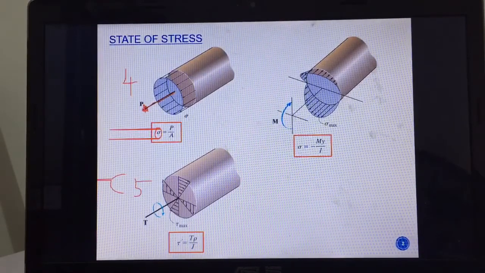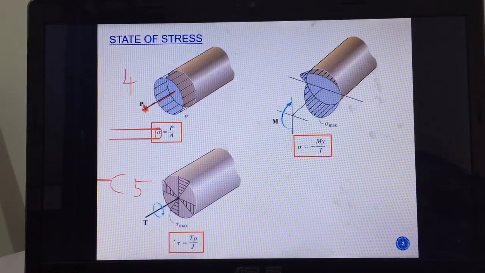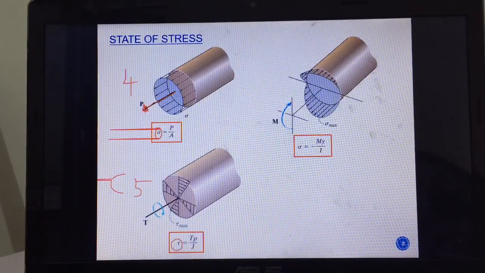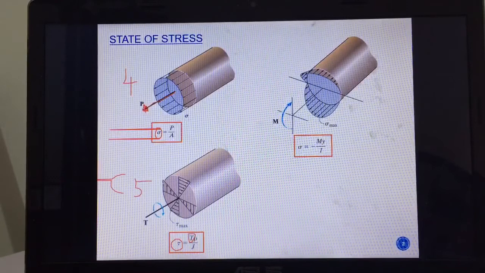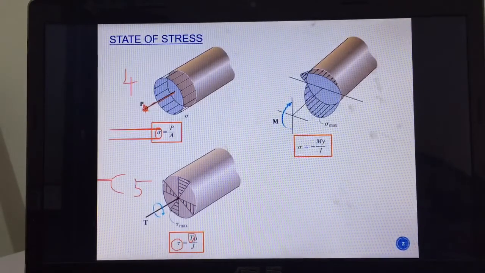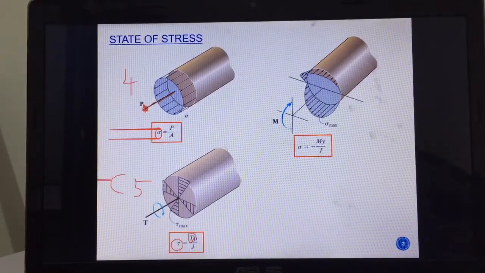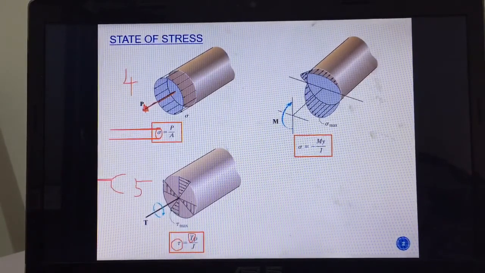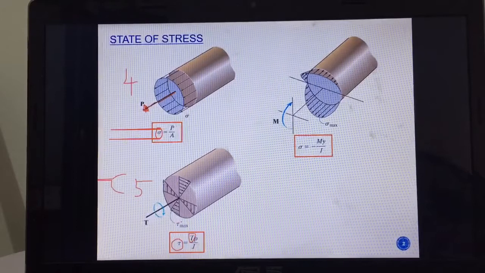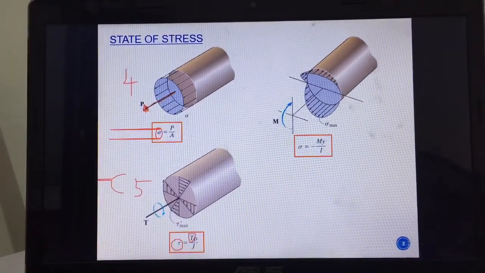And in chapter 5, we learned about the shear stress due to internal torsional moment T, right? And the chapter just focuses on the circular cross section, otherwise we would go into too much detail on different types of sections.